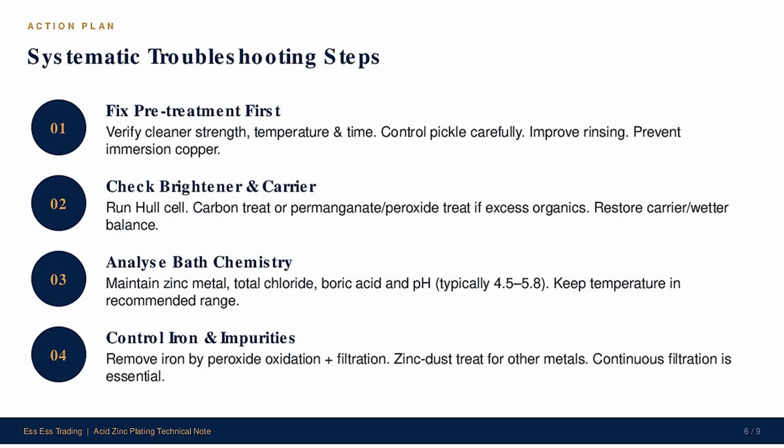Then, analyze bath chemistry to maintain zinc, chloride, boric acid, pH, and temperature within recommended ranges. Finally, control iron and impurities through peroxide oxidation, filtration, and zinc dust treatments, ensuring continuous filtration is running.